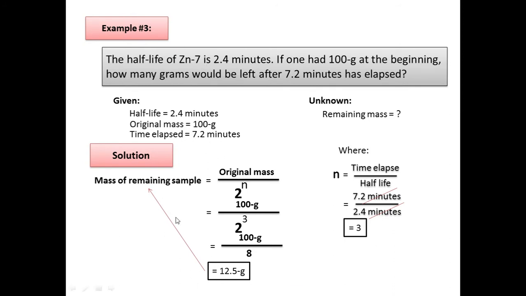So ito yung kanyang remaining sample, in which 100 grams yung original mass niya. So ang half-life niya is 2.4 minutes. So after the 7.2 interval, ang natira na lang doon sa 100 grams is only 12.5 grams of the mass of remaining sample.